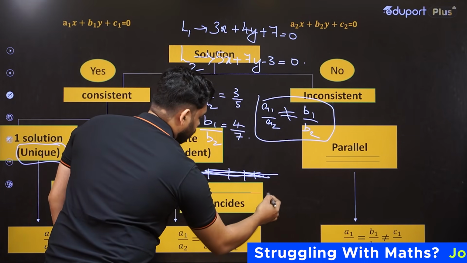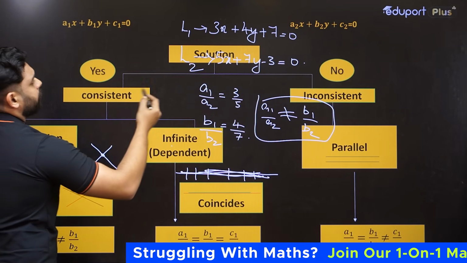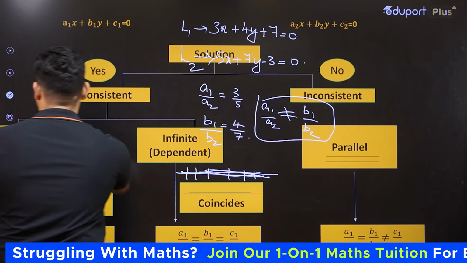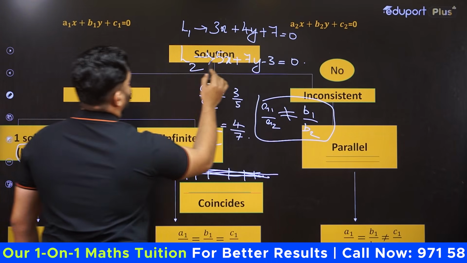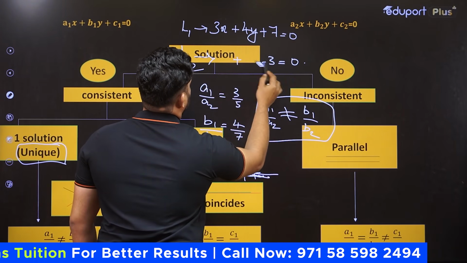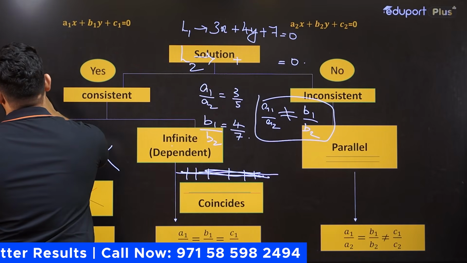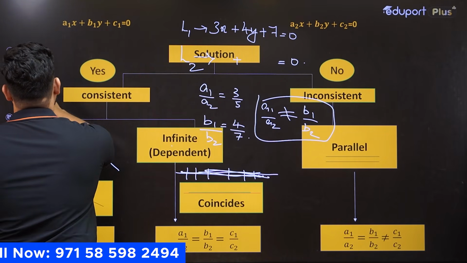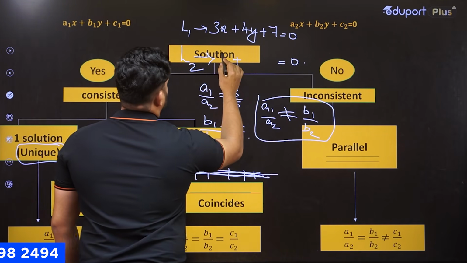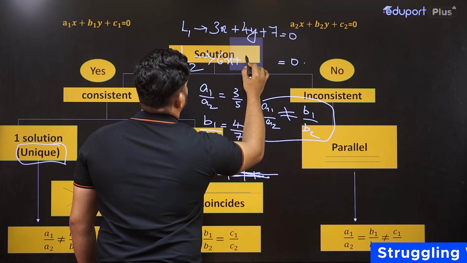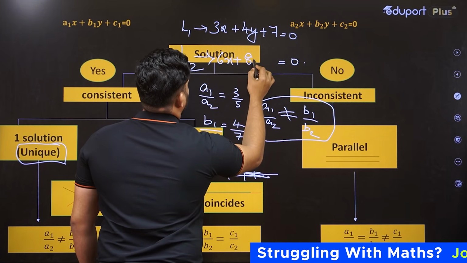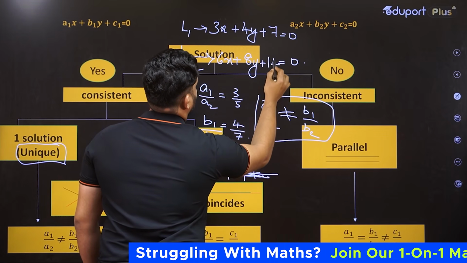Let's take an example. Just write this as 6x, this as 8y and 14.